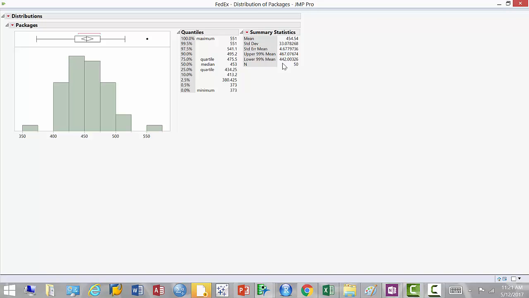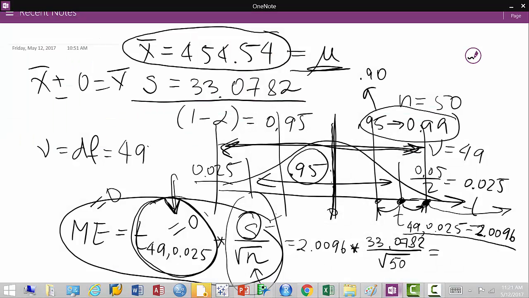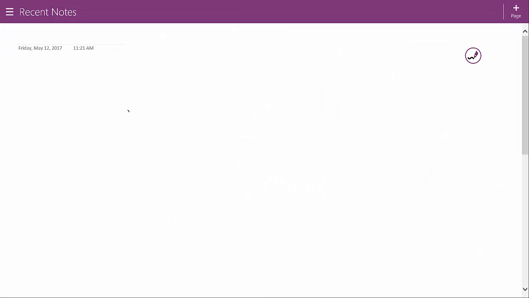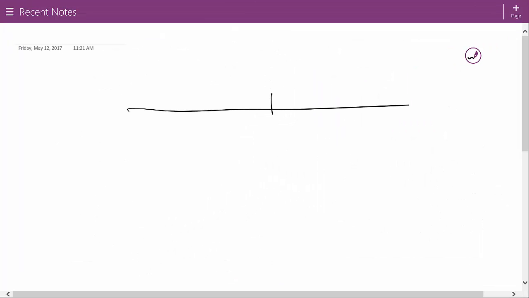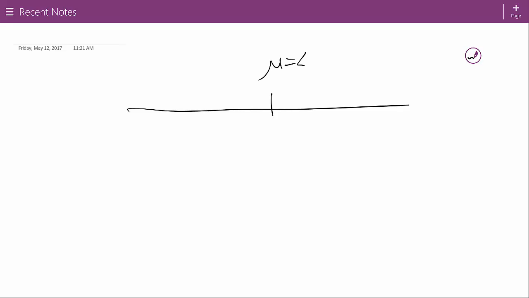Let's make a graphical argument, okay? So here is the deal, right? This is my golden standard, mean equal to 450, question mark, because I don't know, right? My X bar was right here. It was on the high side. It was 454.54.